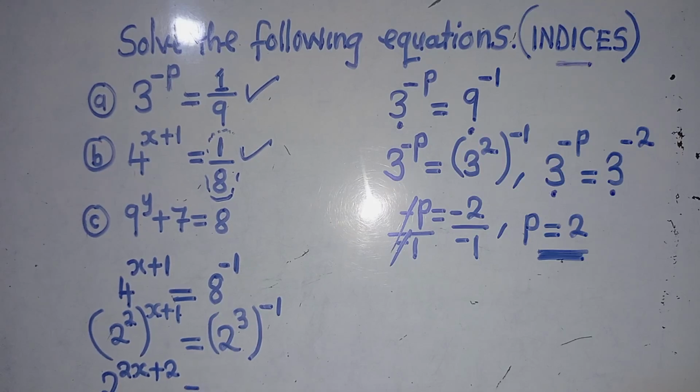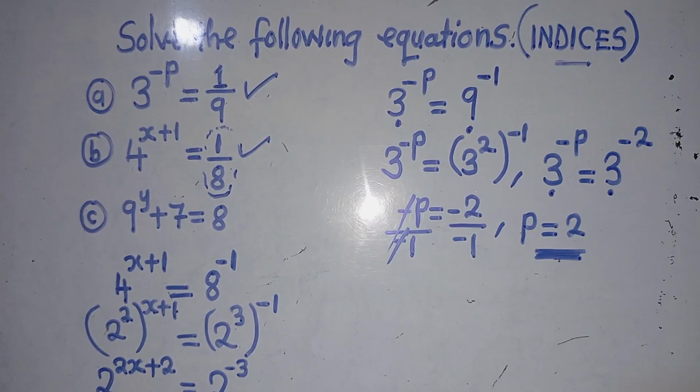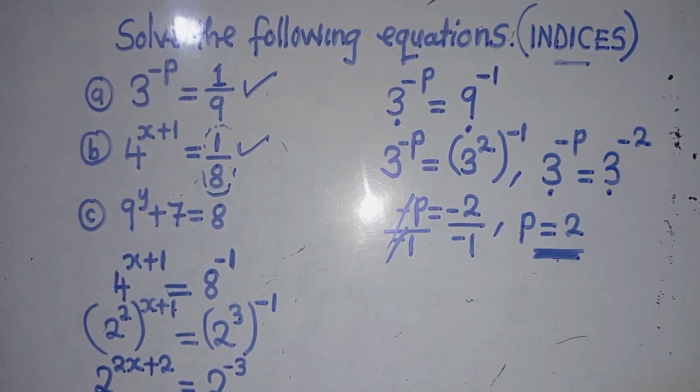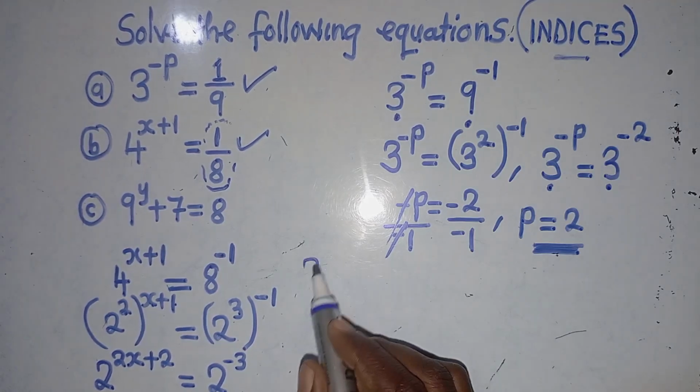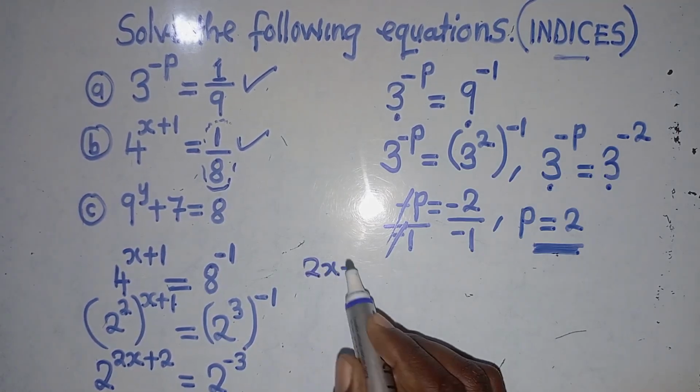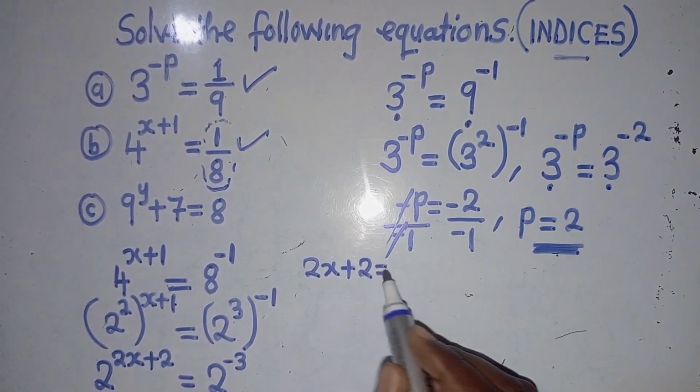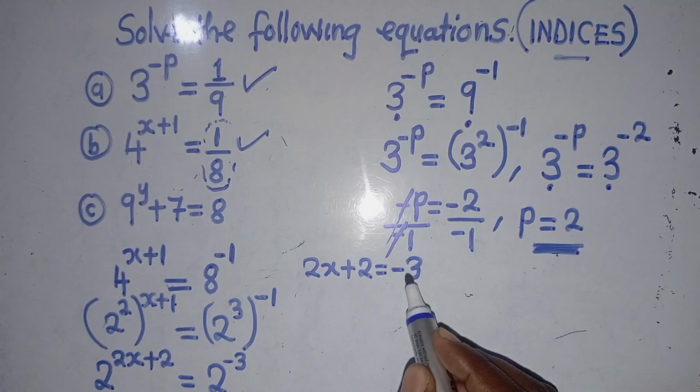That is equal to 2 to the power 3 times negative 1, which is negative 3. Since we have the same bases, we equate the powers. So we are going to have 2x plus 2 equal to negative 3.